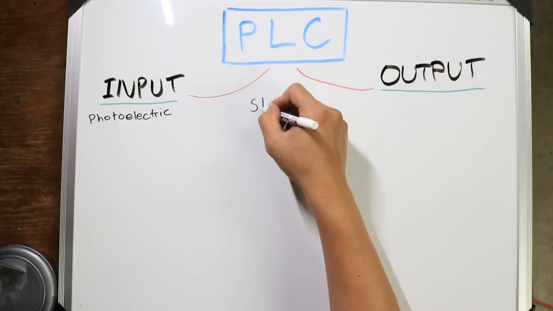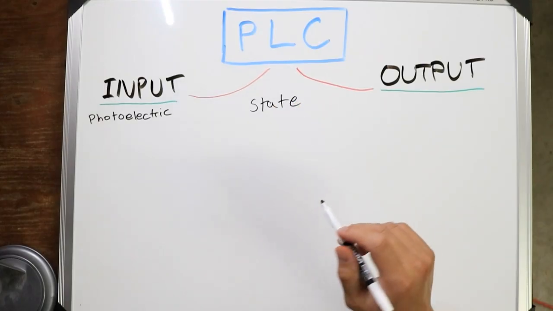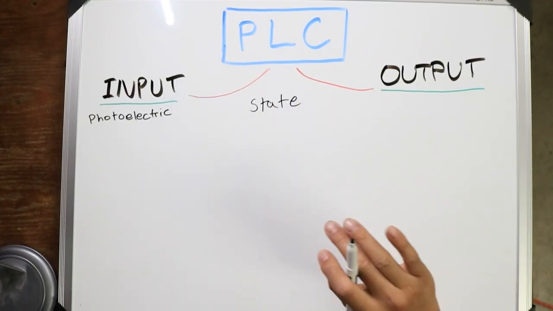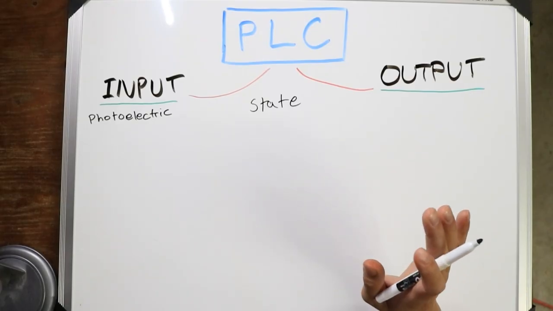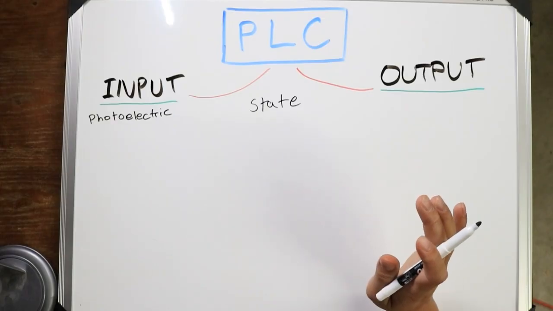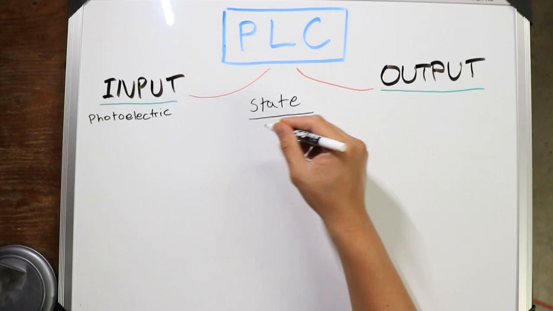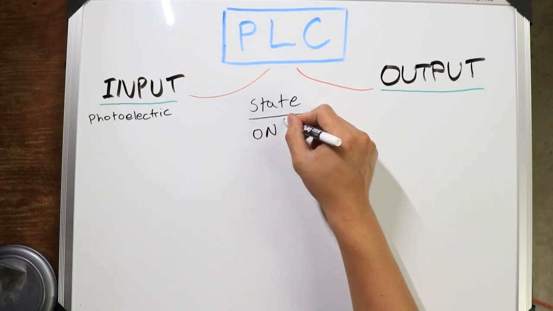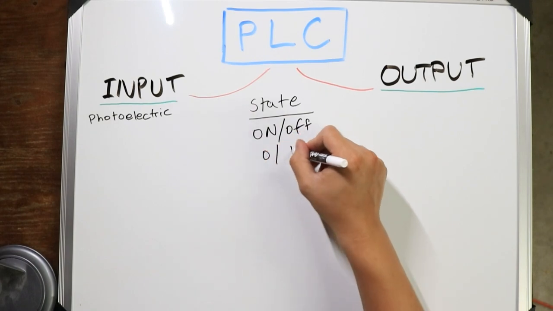So what does that mean? It means what state is it on when nothing's touching it, when we call it a normal state. When it's not being triggered or activated, what is it set to? Most of the time it's either on or off, 0 or 1.